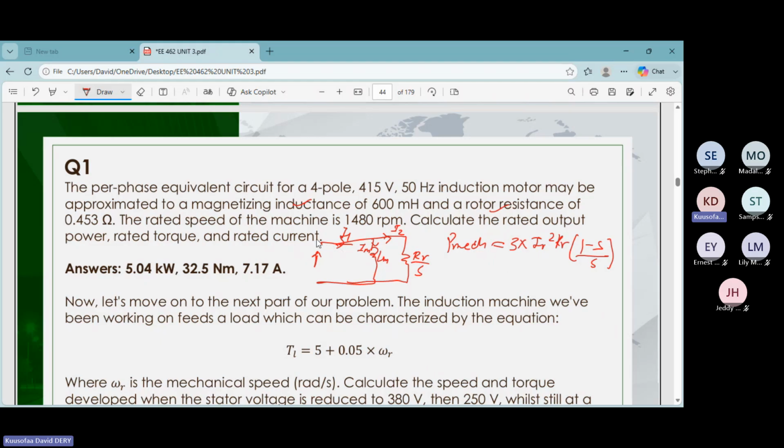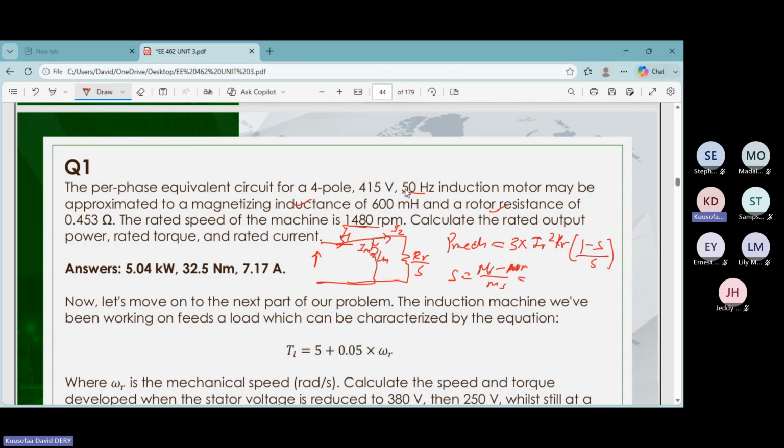So how do we calculate the slip? We've been given the frequency, and we've been given the rated speed of the machine. From here we can know what the synchronous speed will be, and then calculate the slip. Slip is given by (ns minus nr) over ns.